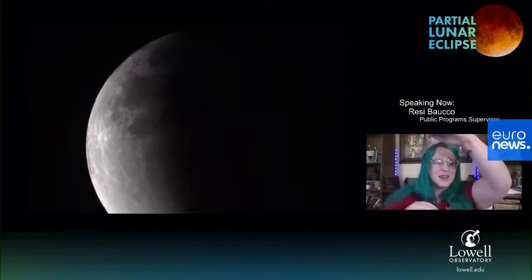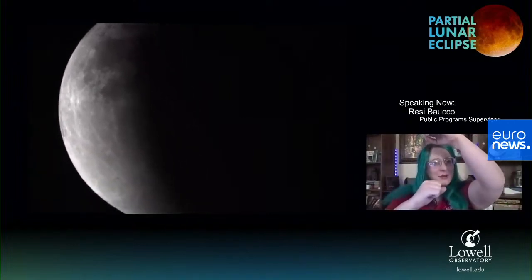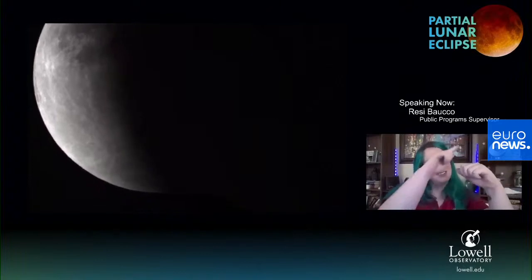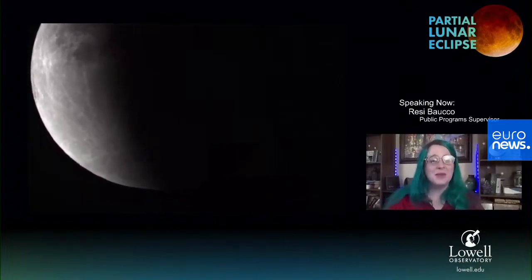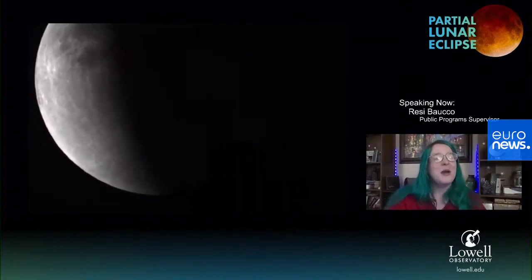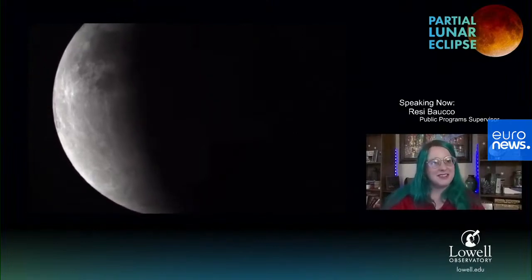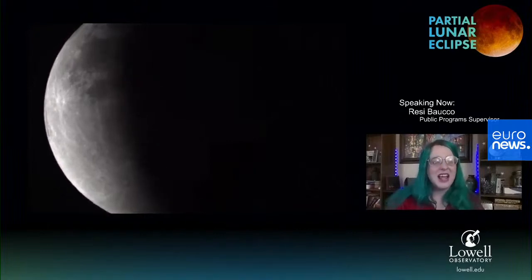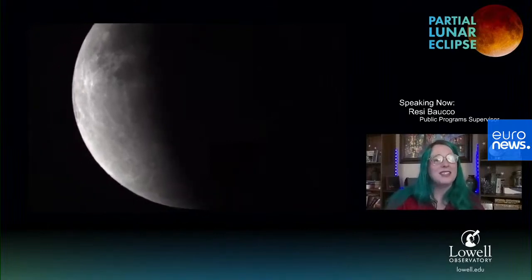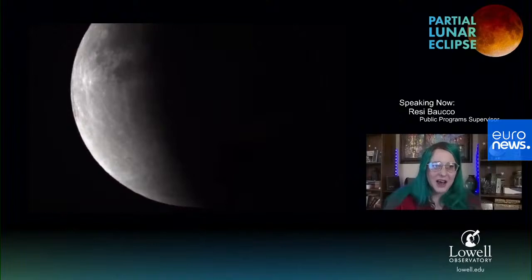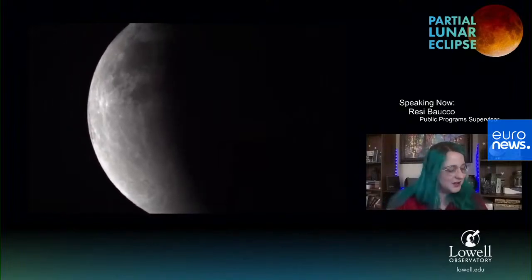Like if the sun's up here and the earth is here during a crescent moon, the moon is right here. We only see the little side of it lit up. But tonight we have a full moon, right? The moon is on the opposite side of the earth from the sun. So what is causing that shadow that we're seeing right now is Earth's shadow.